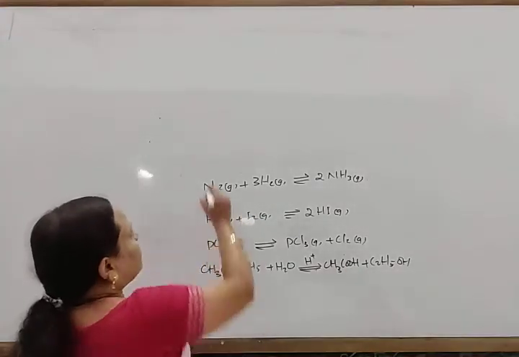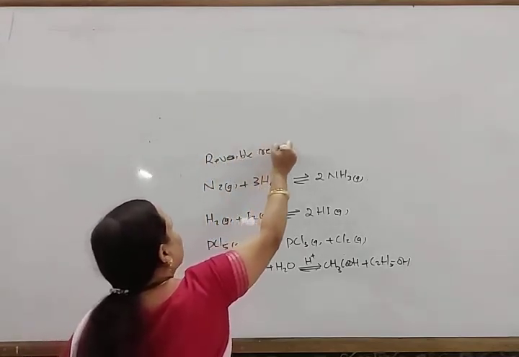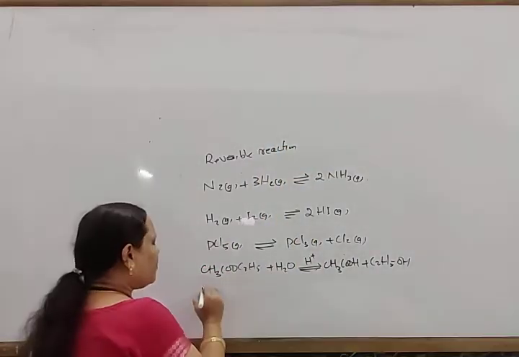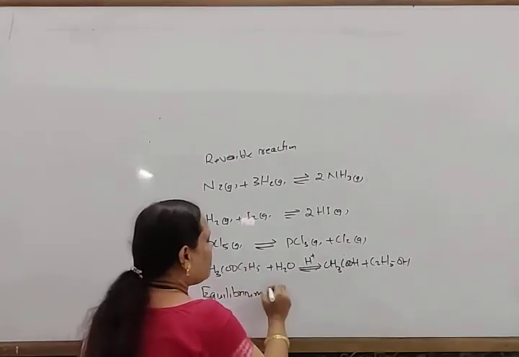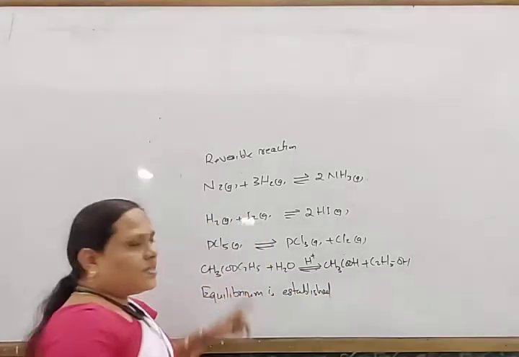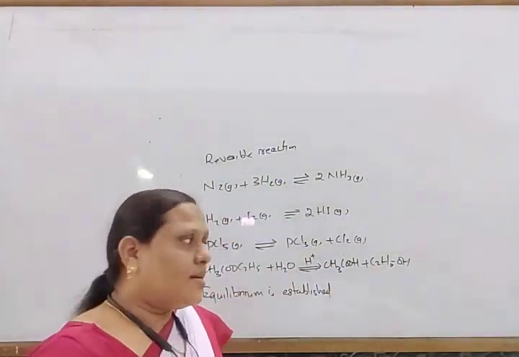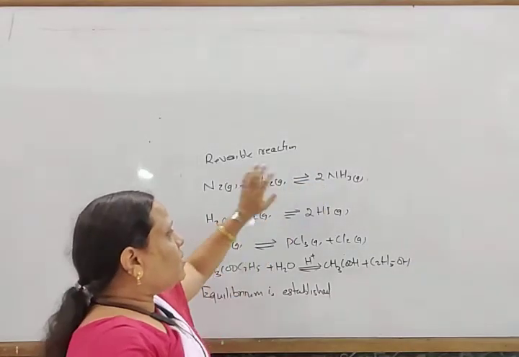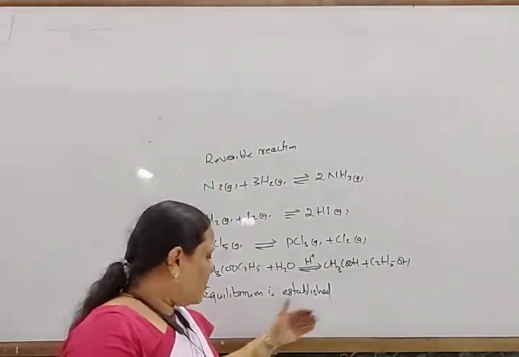In this way, these reactions are known as reversible reactions, and only in reversible reactions is equilibrium established. Here the reactant gives the product, and the product again under suitable conditions gives the reactants. So these are your reversible reactions.